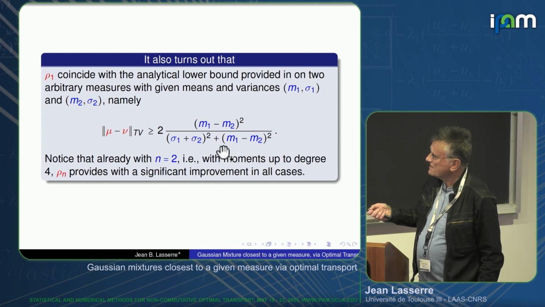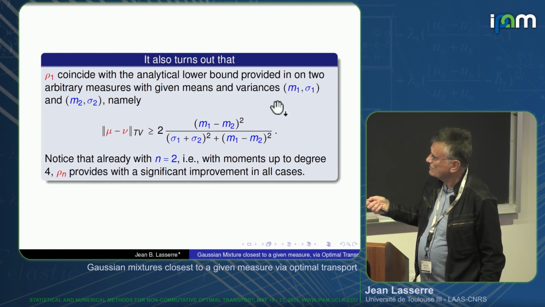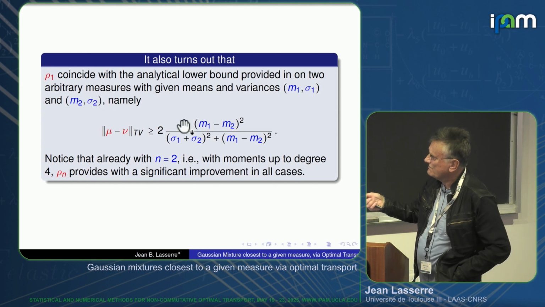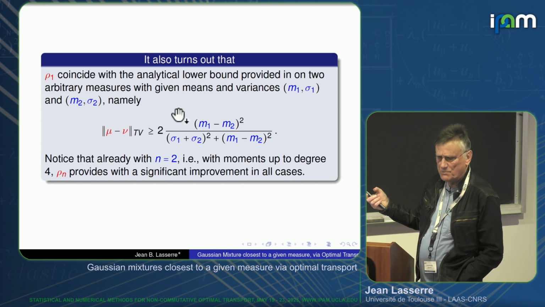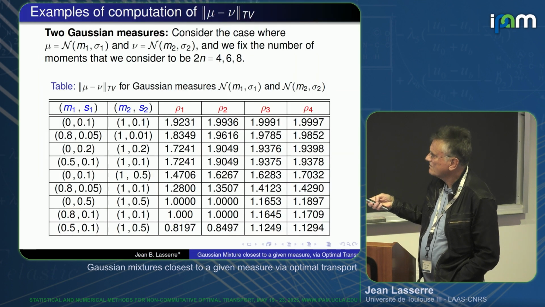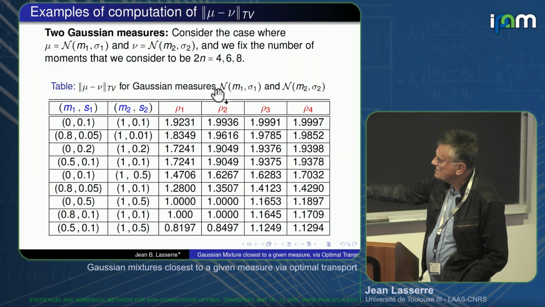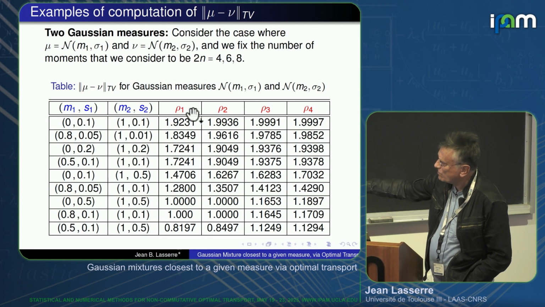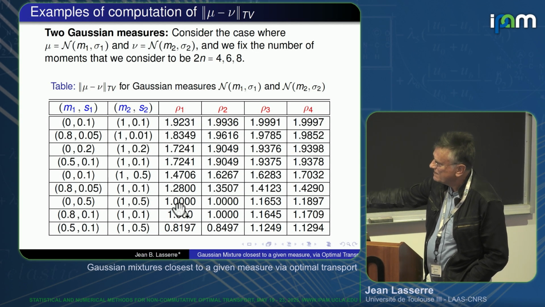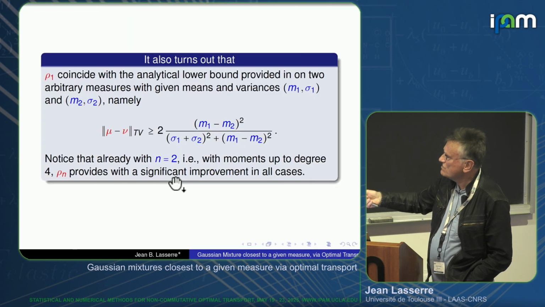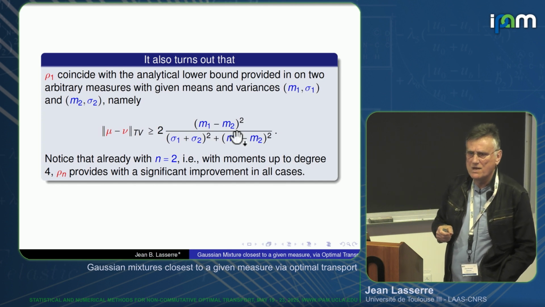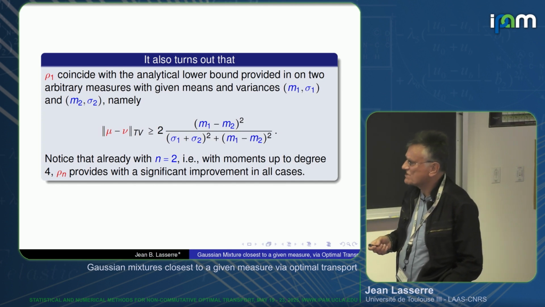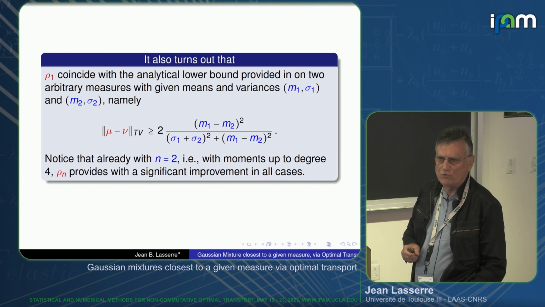And also, what is nice is that when you look at the total variation distance evaluated this way, and you take only the moments of order 2, in the case of Gaussian measures, this value is exactly the value which is known to be a lower bound on the total variation distance between two univariate measures.